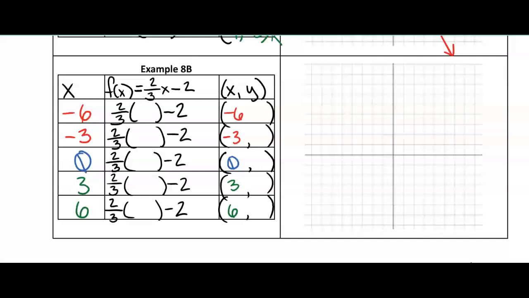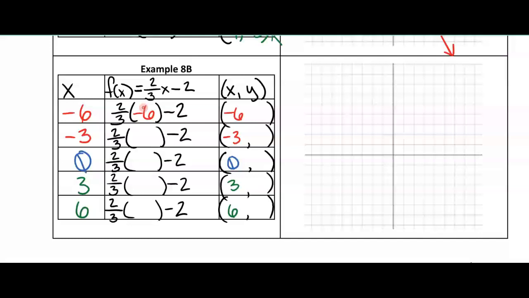All right, so to start checking our work, if we used -6 times 2/3 would give us -4, right?